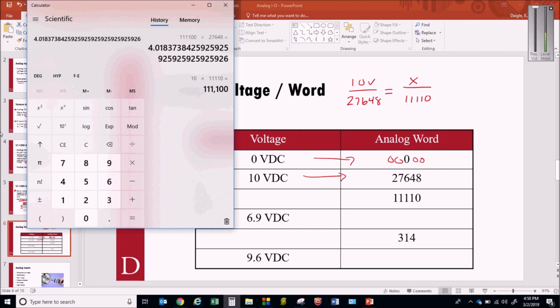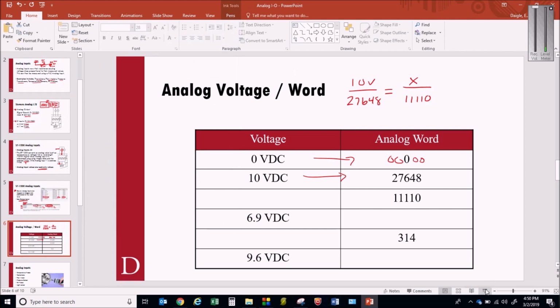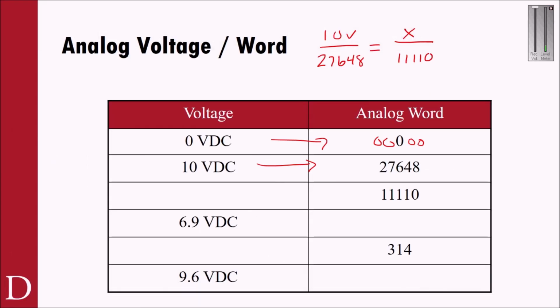If you didn't catch what I did there, really all I did was a cross multiplication, 10 times 11,110 and 27,648 times X. I divided 10 times 11,110 by 27,648, and I came up with 4.02 as essentially the voltage there. And so I will write that in here as 4.02 volts DC. And now you can always do a gut check and say, well, I wonder if that's right.